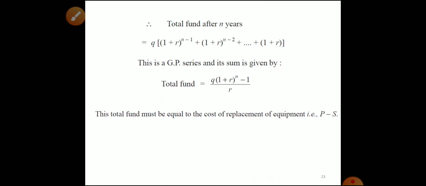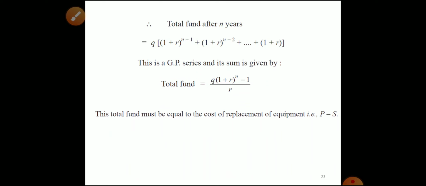Now this is the geometric progressive series, and its sum is given by total fund is equal to Q in bracket 1 plus R raised to n minus 1 upon R. So this total fund or amount must be equal to the cost of replacement of equipment, because after all we are accumulating or collecting this amount so that we can replace the existing equipment with a new equipment.